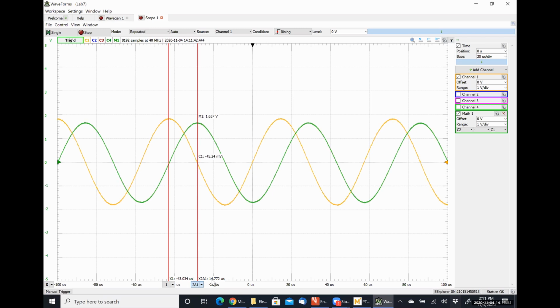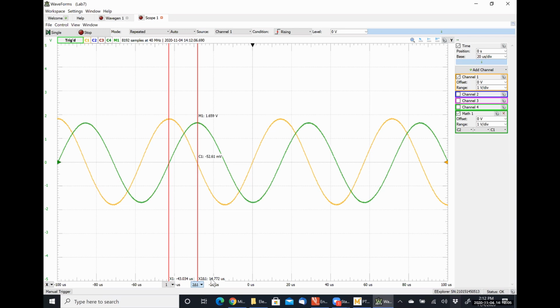If we multiply that quantity by 180 over pi, that's simply converting our answer from radians to degrees. And I get 93.0636. So it's not quite 90 degrees, but it's pretty darn close.